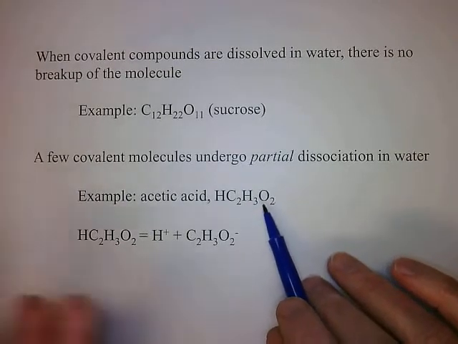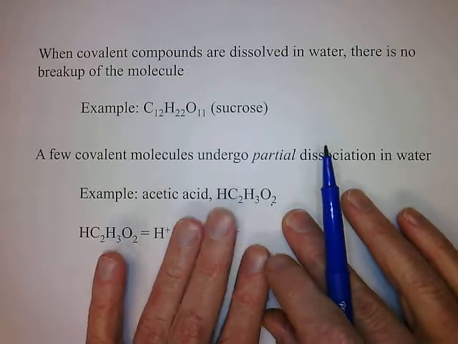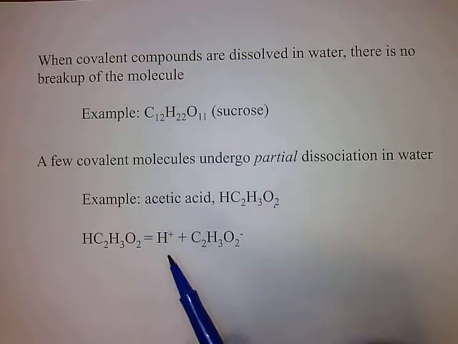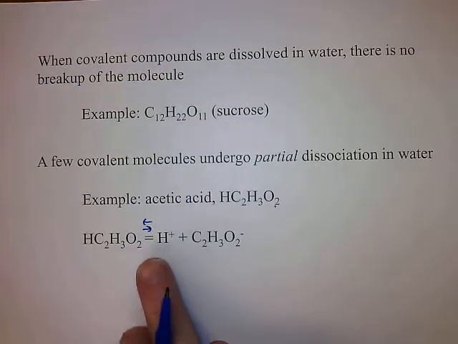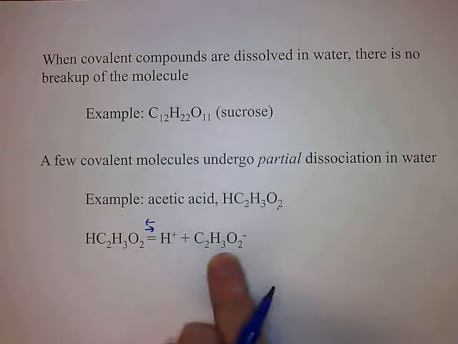So for example, acetic acid. You're going to see later this is what we call a weak acid. But notice I've replaced the one-way arrow with an equal sign. It really should be a double arrow. This dissociation does not go 100%.